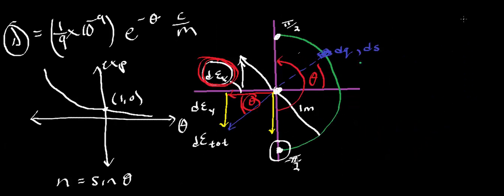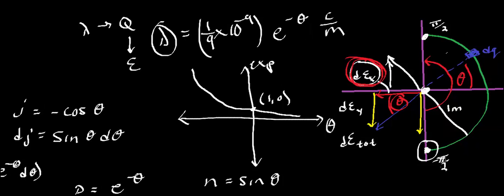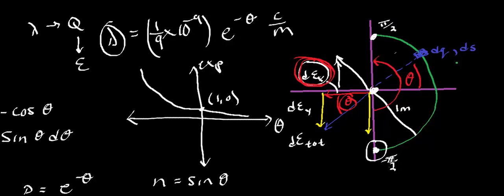Where is your electric field going to be greatest? Like we said, it's going to be greatest wherever lambda is greatest, because electric field is proportional to the charge, and charge is proportional to lambda. Where is lambda greatest? You're taking e to the negative theta, so whatever has the most negative theta is going to have the highest lambda, and that's negative pi over 2.